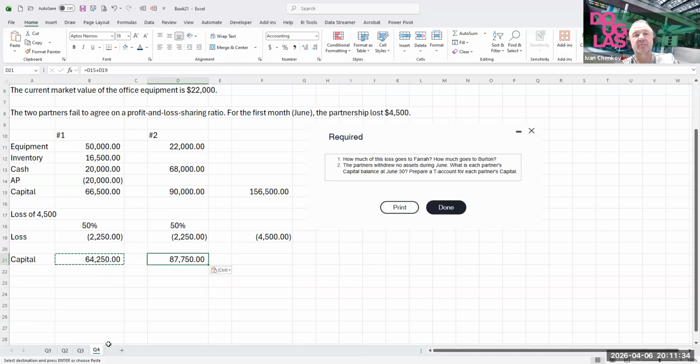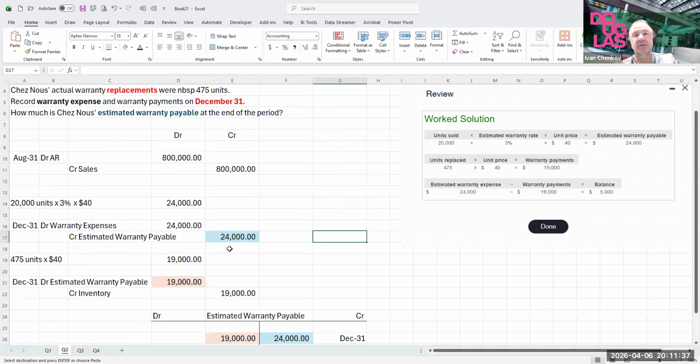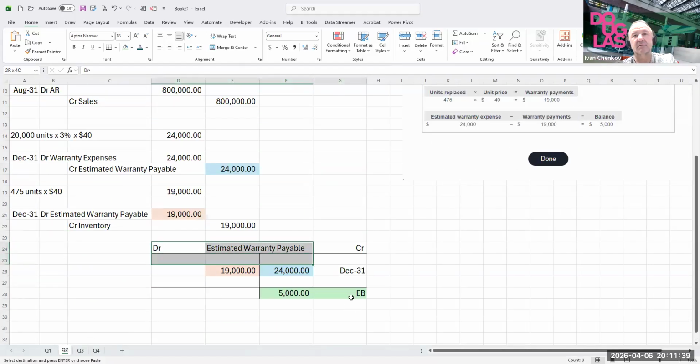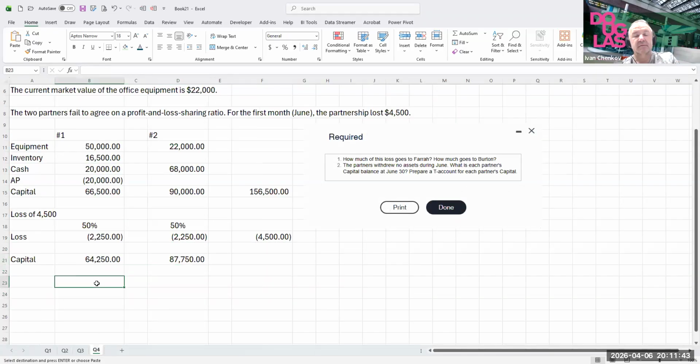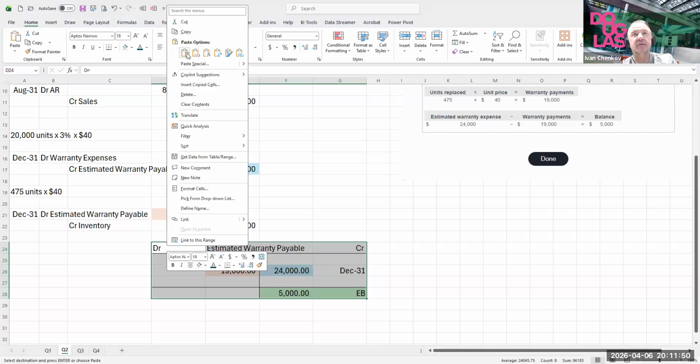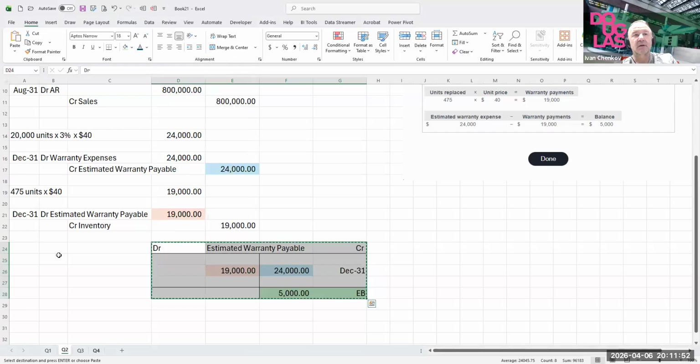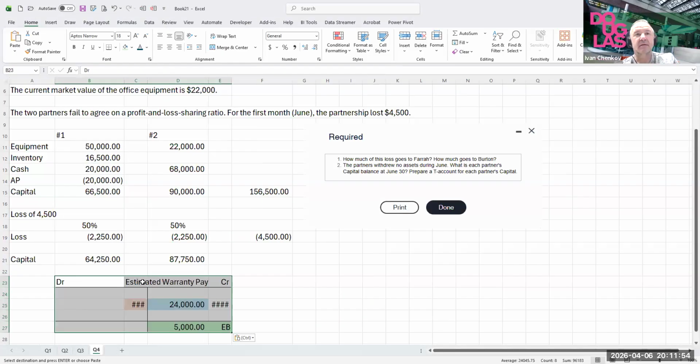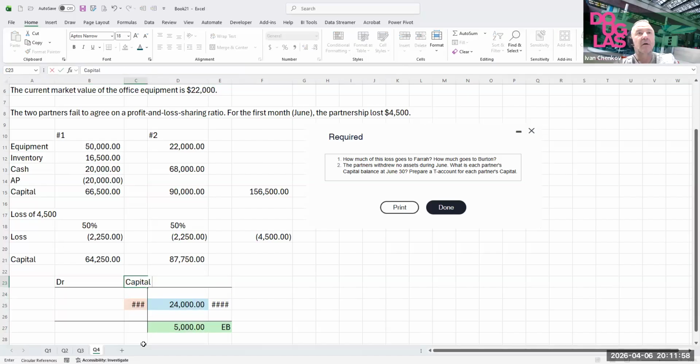So now if we have to prepare the T accounts, I'm going to go somewhere that I have a T account, like this account, and I'm going to use this account since it's partners. Their balance will be on the credit side. Let me copy this one. Account, and I'm going to flip it to right here, and that will be the capital account of number one, and then the capital account for number two.